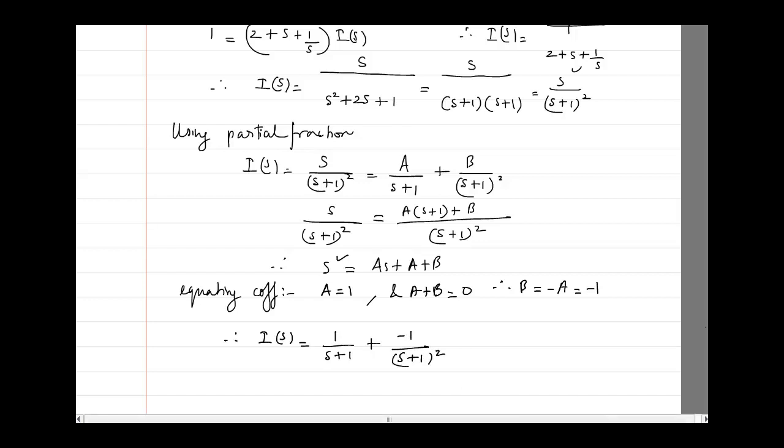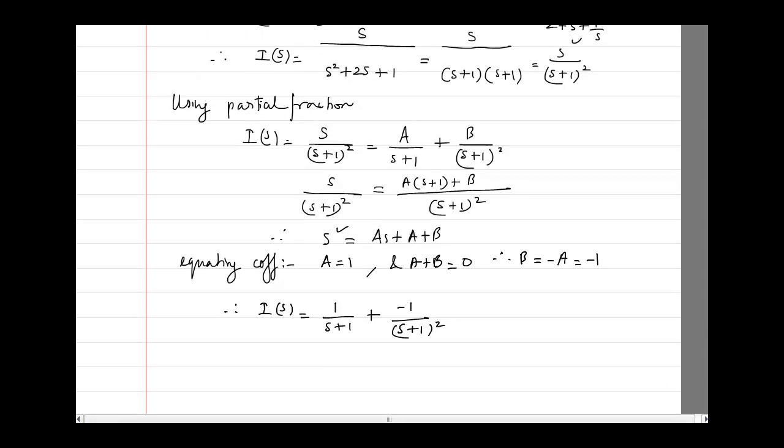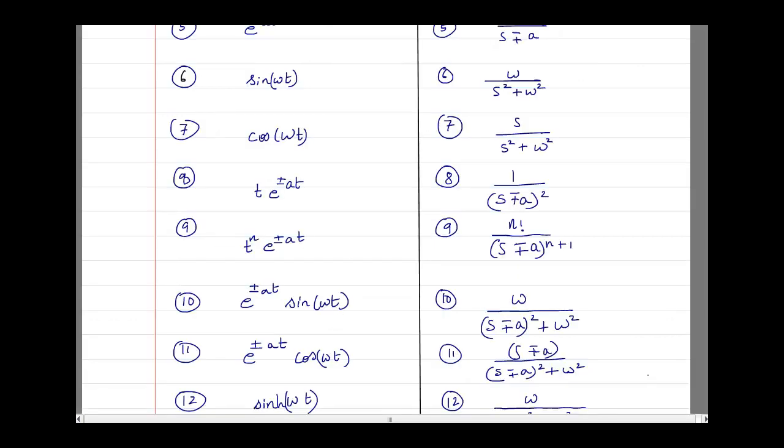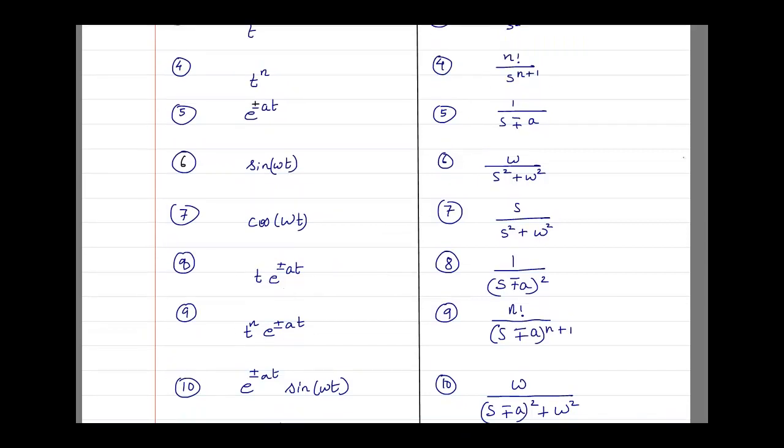Now we can do the inverse transform, where from the table you can see that for the case of S plus or minus a whole square, it is t e raised to power minus or plus at. Similarly, for a simple pole, it is going to be e raised to power minus at. Of course, there is u of t, so I have to take care of that.